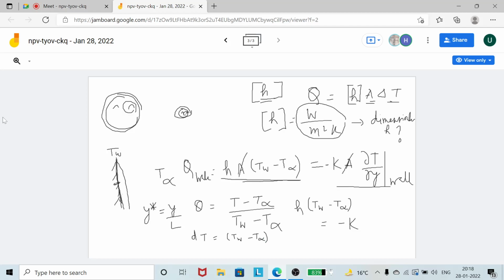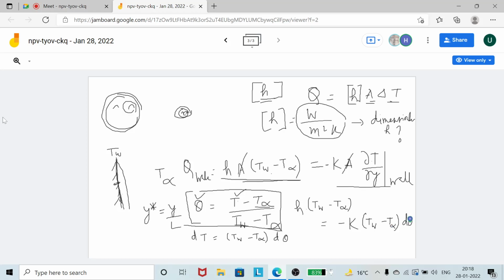If you look at this equation, this is constant, this is constant, this is constant. Only this is a variable. So dT is d theta into (T_w minus T infinity). So h (T_w minus T infinity) is equal to minus k, and dT is how much? (T_w minus T infinity) d theta.